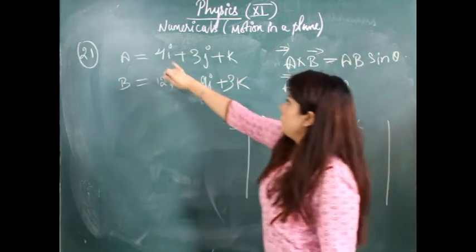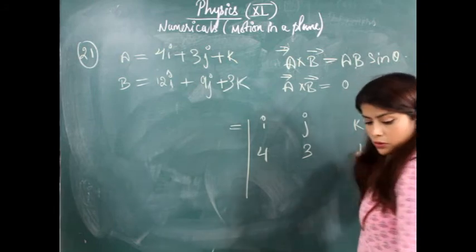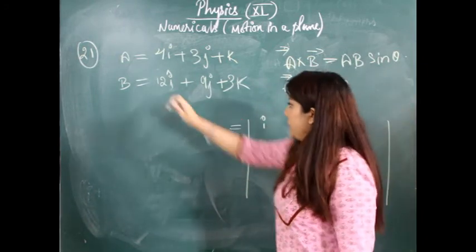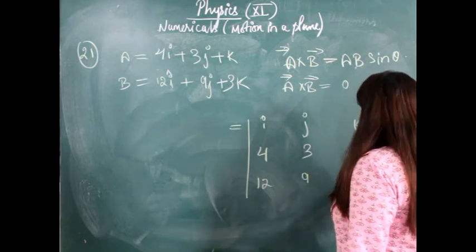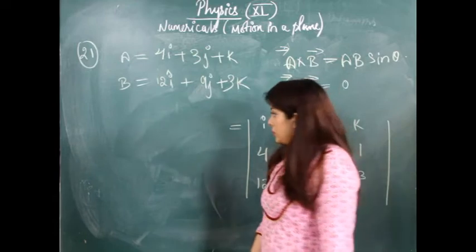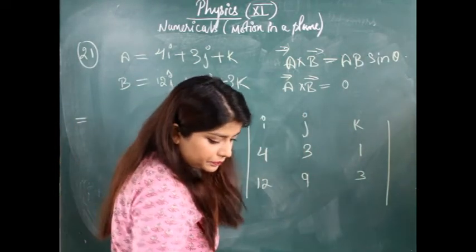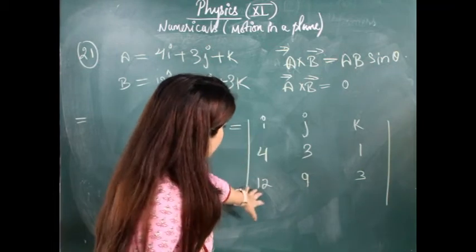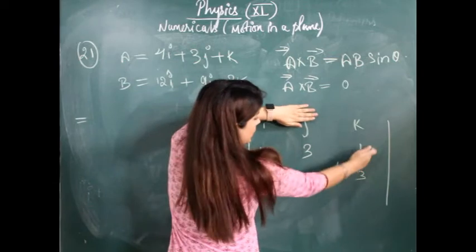So I over here for A is 4, J is 3, K is 1. Again for B, I is 12, this one is 9, and this one is 3. So when we do a matrix multiplication, I hope you know how to matrix multiply.